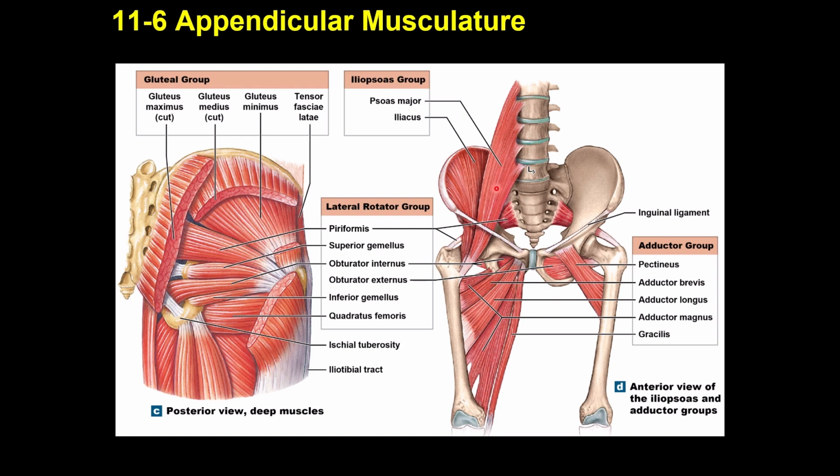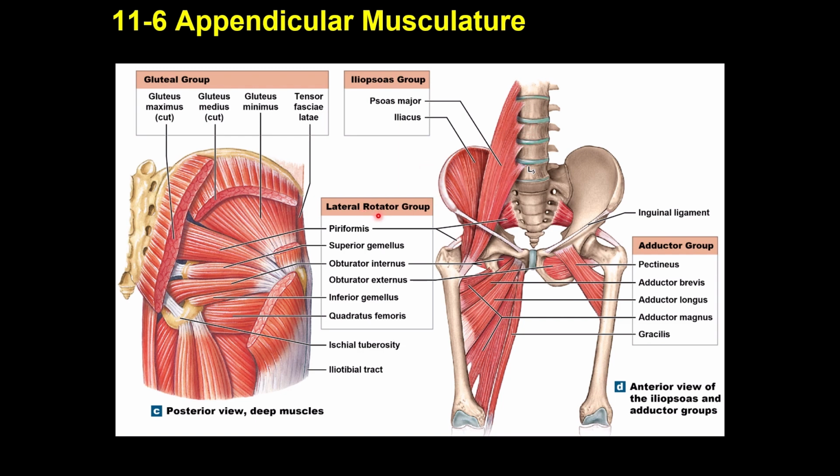One is called psoas major, and the other one is called iliacus. So these 2 muscles cause flexion of the hip joint, and psoas muscle also causes flexion of the lumbar area, flexion of the spine.